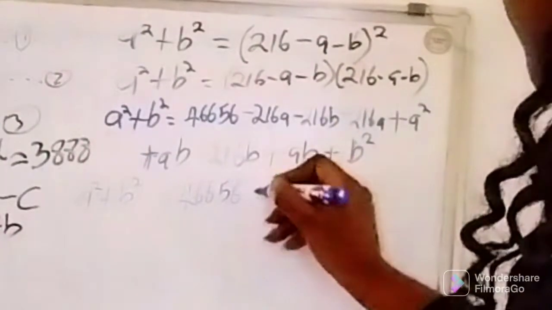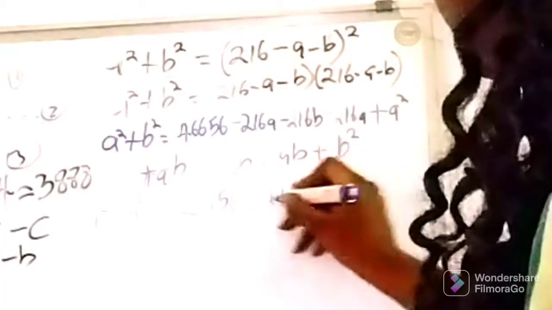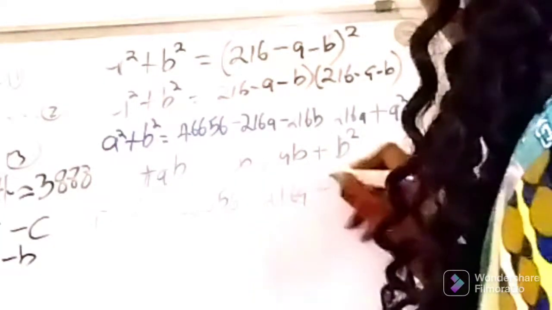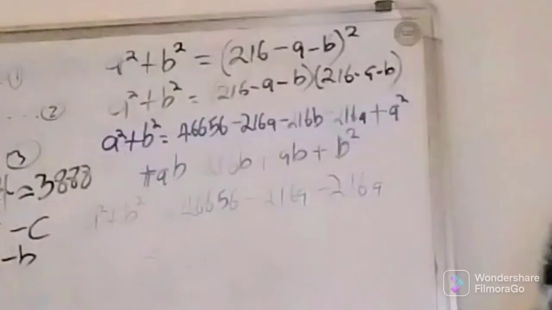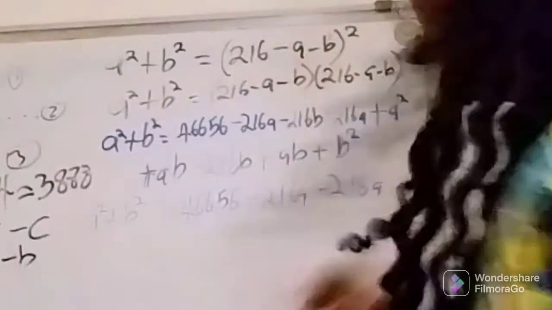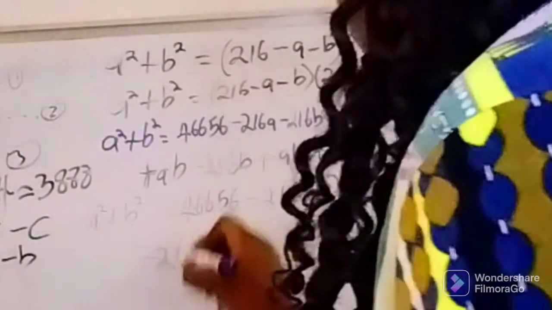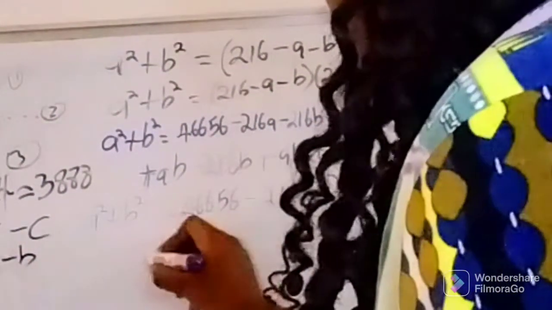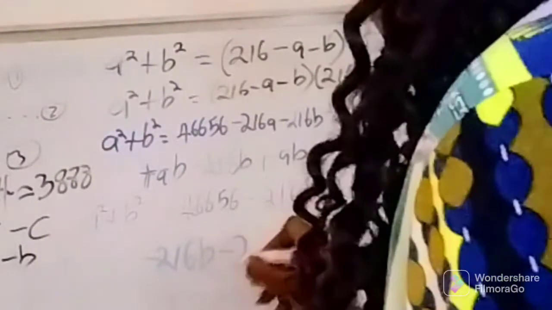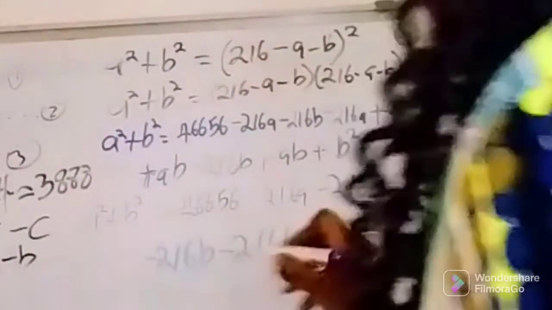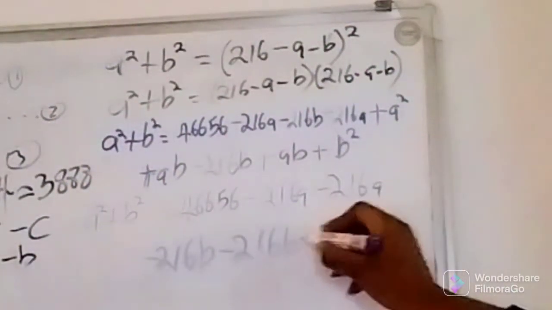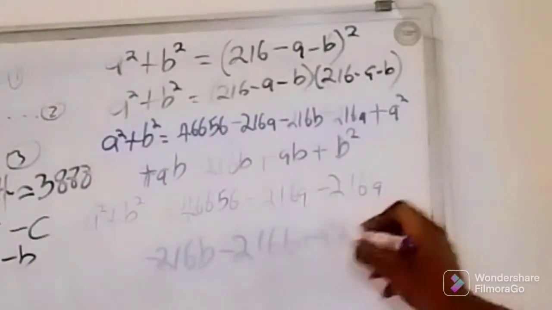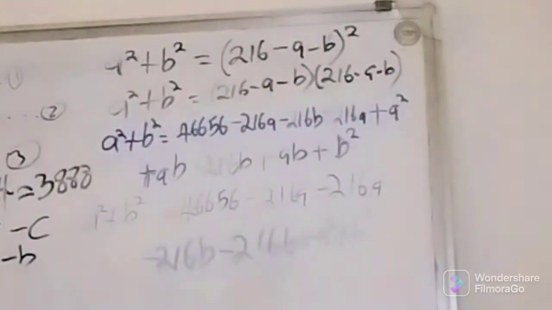So minus 216a minus 216a, those are the like terms. Minus 216b minus 216b. Then we have plus a squared plus b squared.